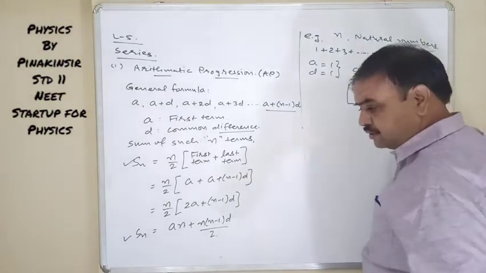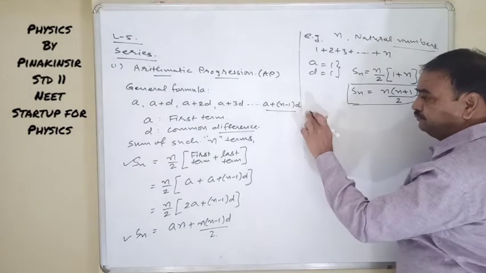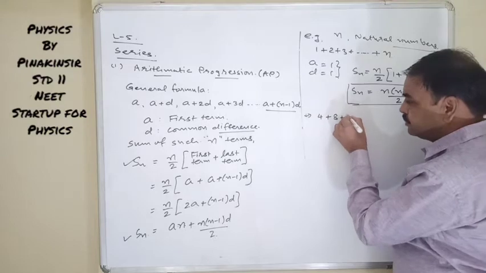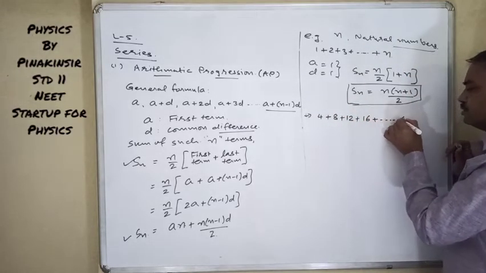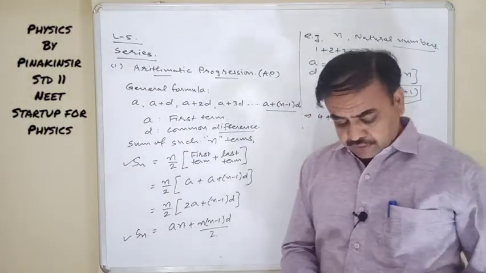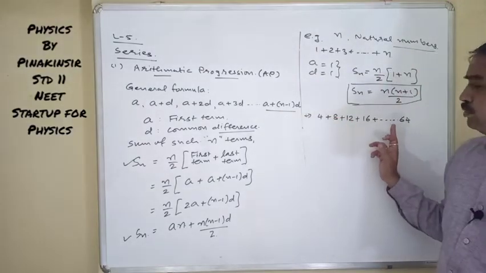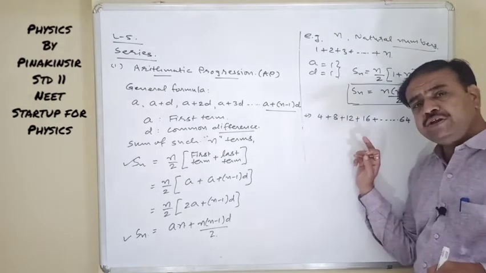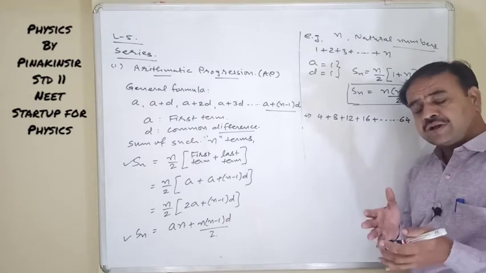Suppose you are given a sequence like this: 4 plus 8 plus 12 plus 16 plus so on up to 64. You can solve this particular sequence by a manual summation, but it will be a tedious process when terms are very many.